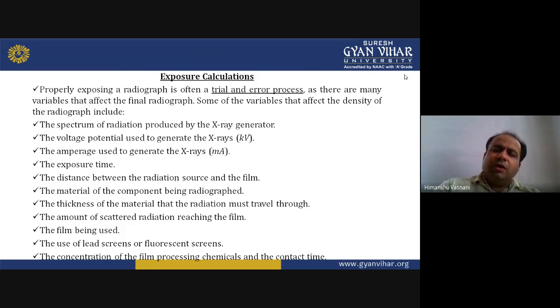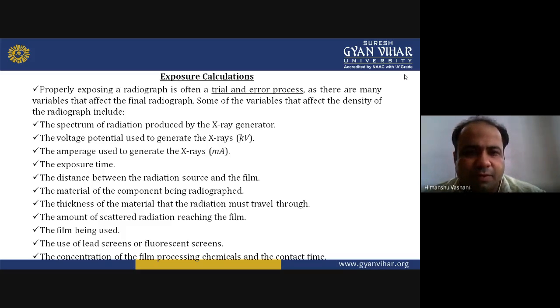So in radiographic testing, we go for exposure calculations. For these we need to understand some variables that the calculations include. Here we will discuss the various variables involved when performing radiographic testing, or while reading a radiograph.